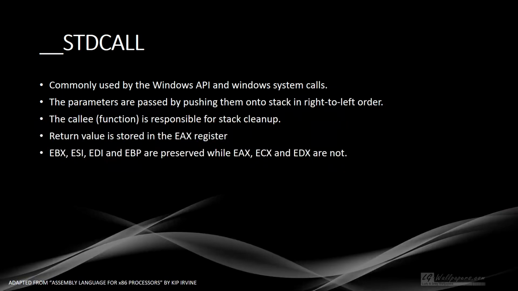When it uses this convention, there are certain things that you need to remember. The first one is that the parameters are passed in right to left order. Now what do I mean by right to left order?